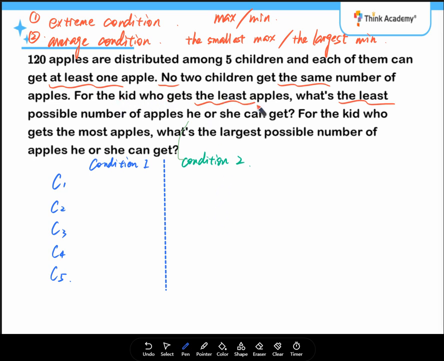Kid who gets the least apples, what's the least possible number of apples? Extreme condition or average condition? 1 or 2? Okay. Pay attention, it's 1, extreme condition. Okay, because the least apples, it means he gets the least.